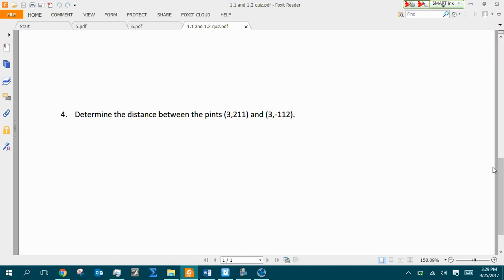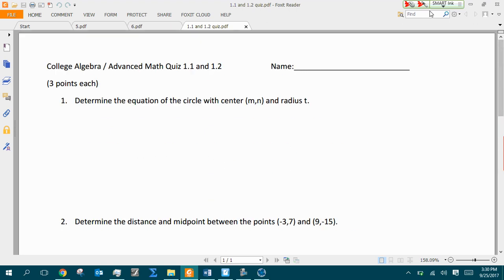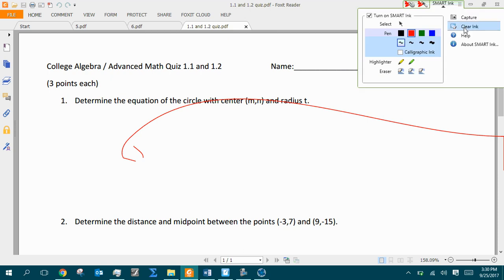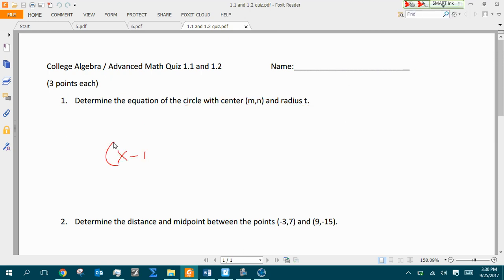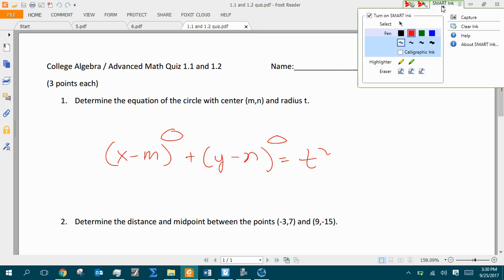If you made a common error, like let's say on question number 1 you had (x − m) plus (y − n) equals t squared, but you forgot your exponents, chances are you probably forgot those exponents in question number 3 as well.